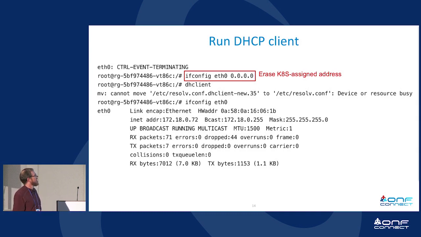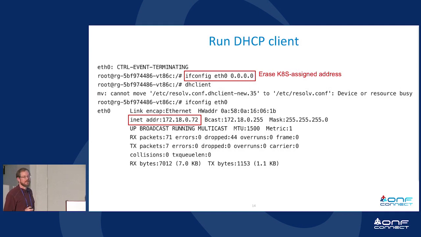So we get rid of that, and then we can run dhclient, and it generates an error. That's fine. And then we get an IP address that's on the same subnet as the BNG.